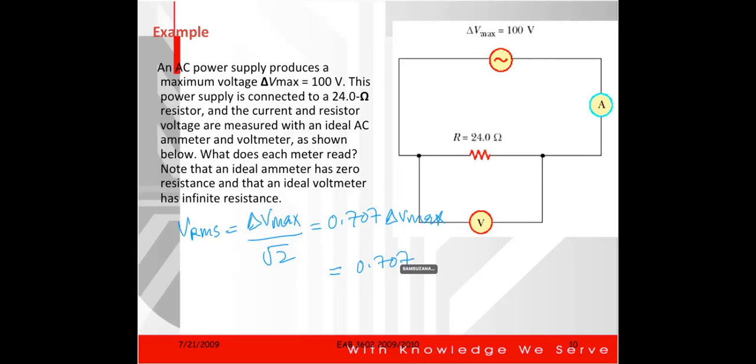Vmax lah. 24 ohm is R. 100 volt kan? So you akan dapat 70.7. Betul? Betul. Okay.